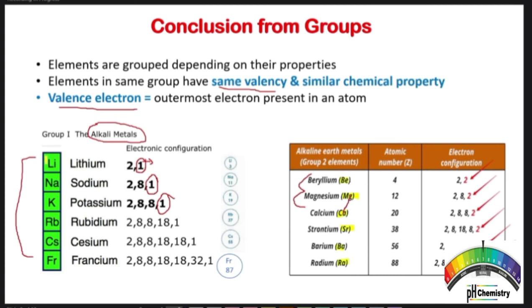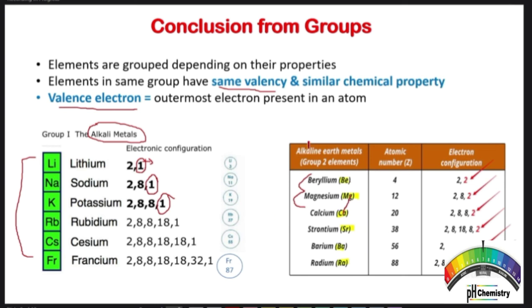For the first group, it is hydrogen at the top. So, He, Li, Na, Ke Rab Se Fermai. He for hydrogen, Li for lithium, Na for sodium, Ke for potassium, Rab for rubidium, Se for cesium, Fermai for francium. In this way you can remember this.